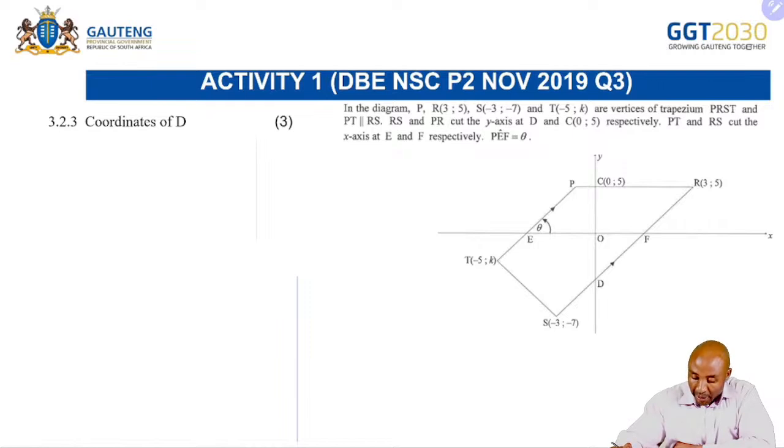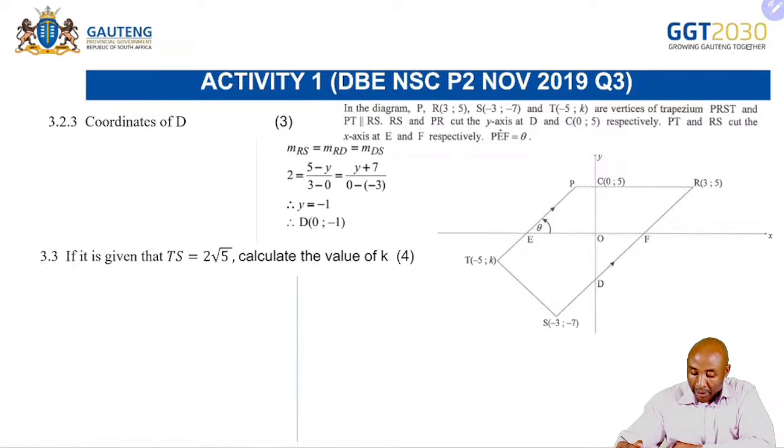The first thing that we can do is know that the gradient of SD, you are able to see that I'm also using collinear points again, is equal to the gradient of SR, which is also equal to the gradient of RS there. So you use any of those.